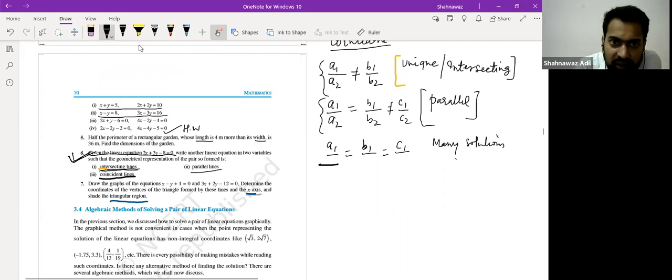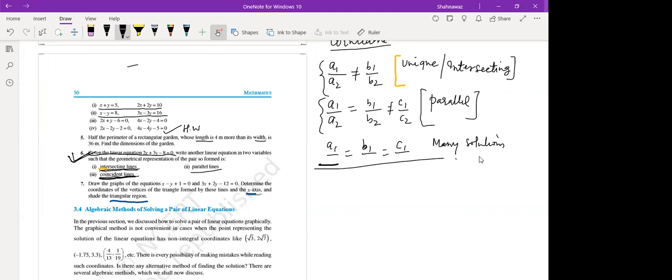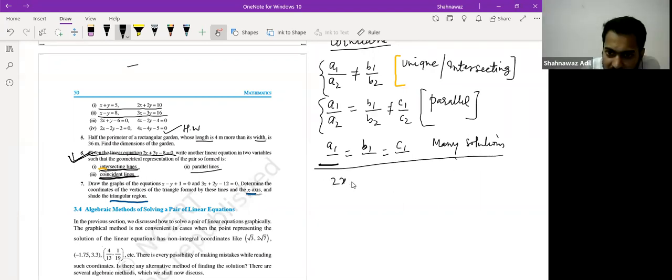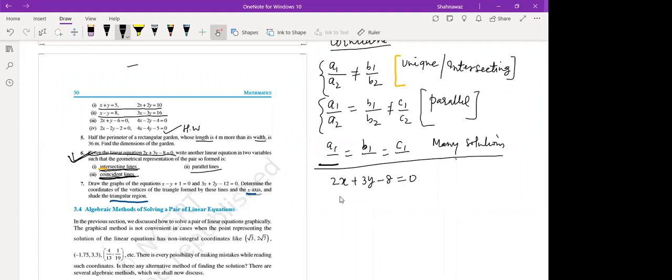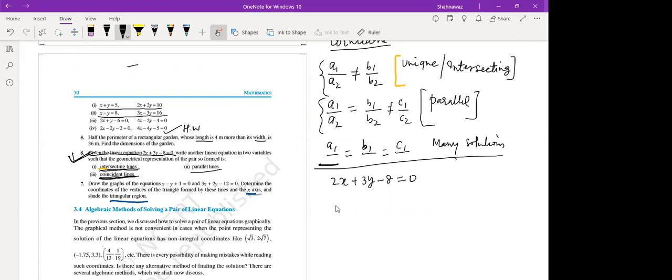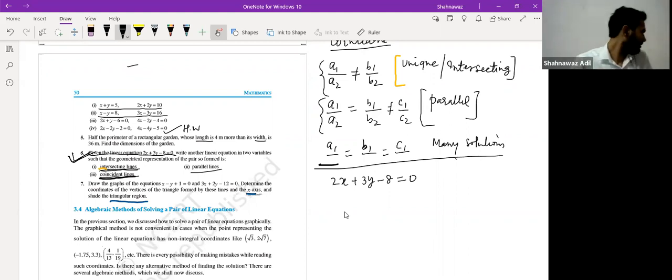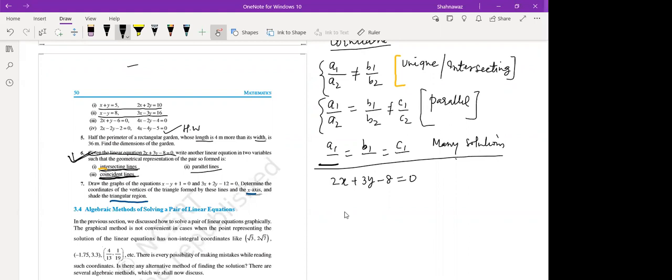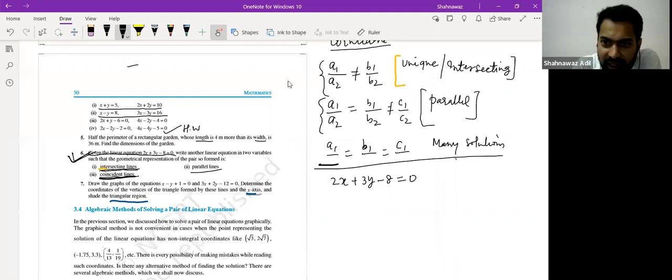Why is this thick? Yes. So Talha, your time, right? This is the equation, and you have to write an equation which is what? Coincident lines. Yes.